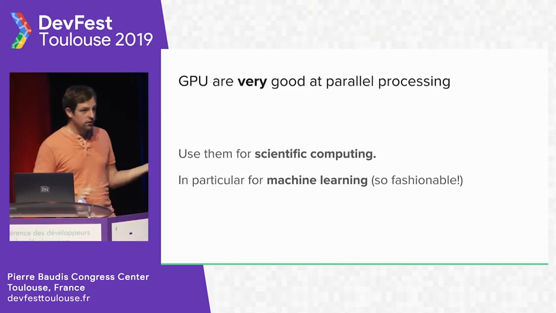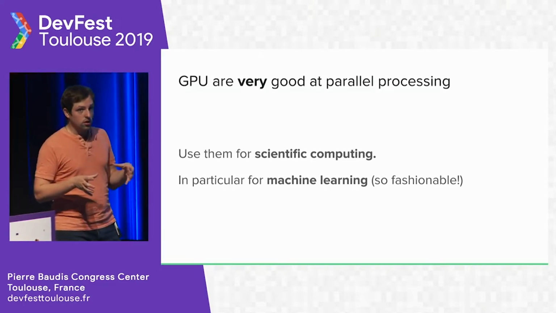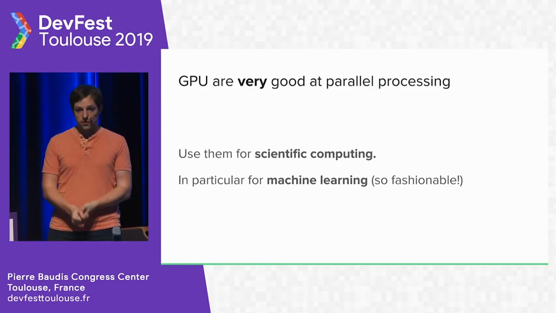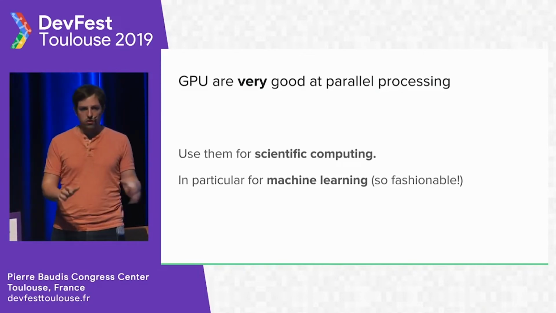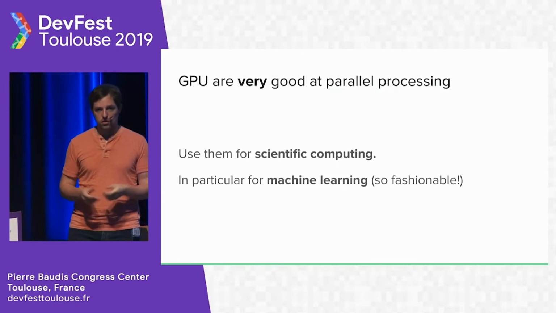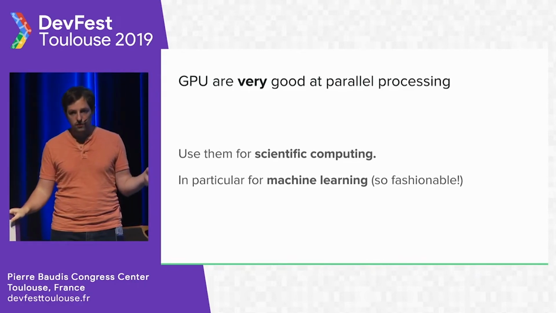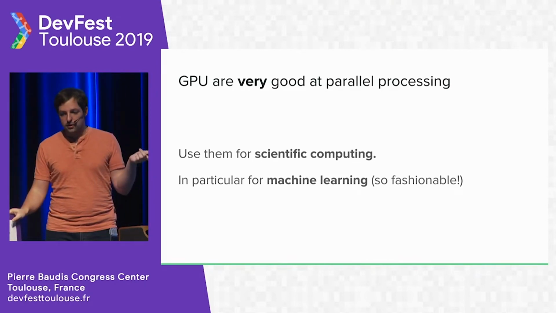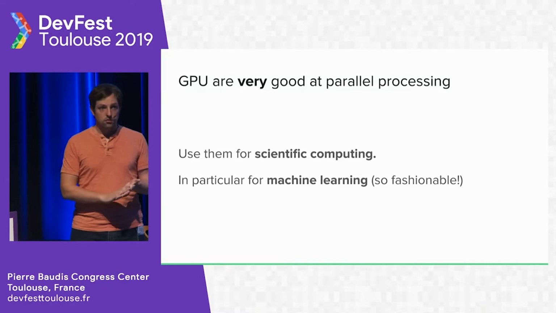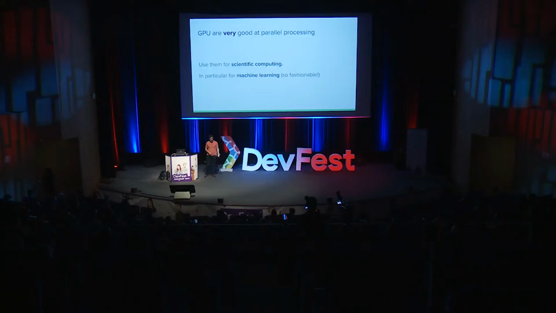And so around 2008, GPUs started being used for scientific computing. I think that was around the time NVIDIA came out with CUDA. And so then the scientific community started using it for, I don't know, fluid simulation, things like this. But it turns out there's a class of scientific computing that's really interesting these days.